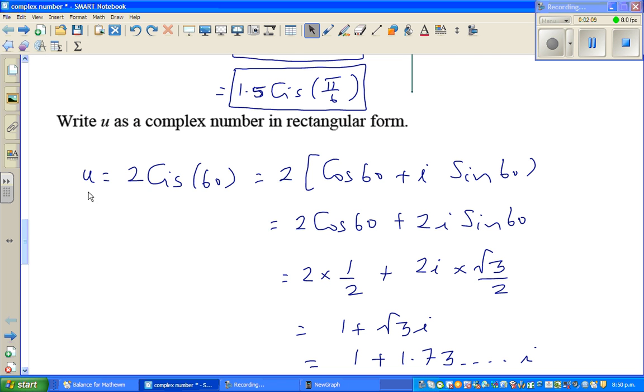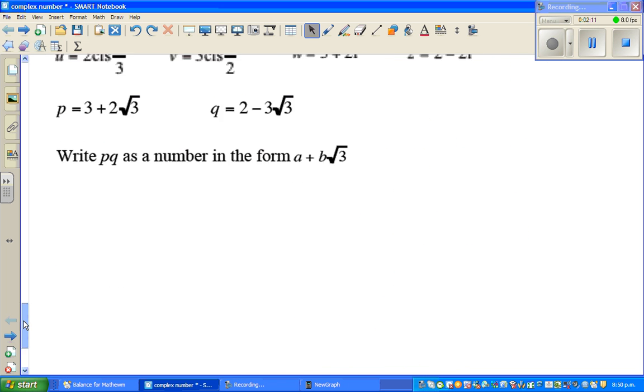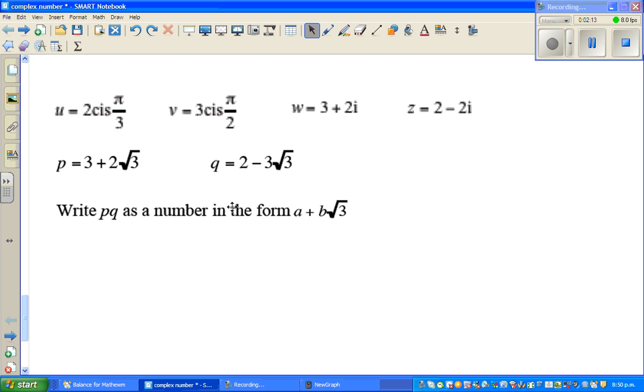Okay. Now moving on to the next question. You want to multiply P and Q and write in this form A plus B root 3. P is 3 plus 2 root 3, times 2 minus 3 root 3. It'll be a little bit of algebra.